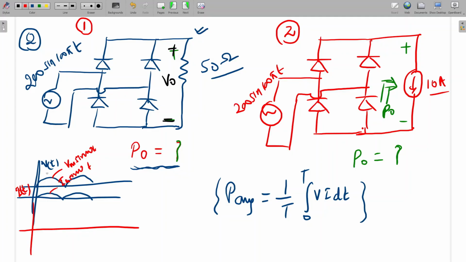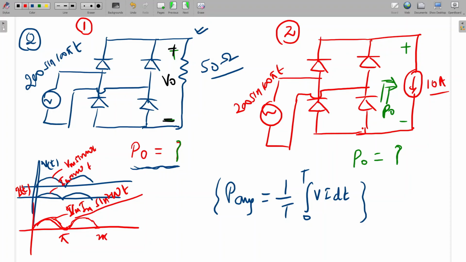If we multiply the instantaneous voltage into the instantaneous current, we will get the power curve. The power curve will be somewhat like this. So here Vm Im sin square omega t will be the value of instantaneous power. So this is pi and 2 pi.